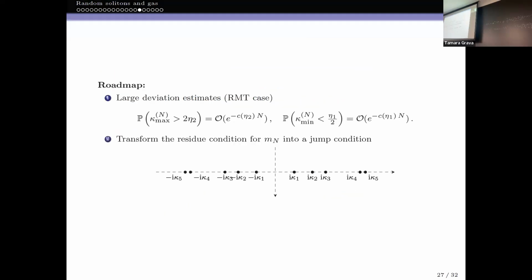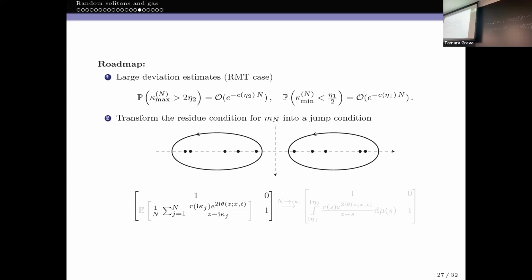And okay, so let me explain this. The key feature here is that now I have a Riemann-Hilbert problem, a pole condition, to set up for the inverse problem. So I have poles in these random locations, and I want to translate this pole into a jump. This is a standard factor.